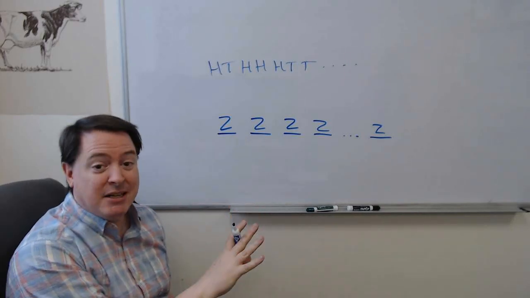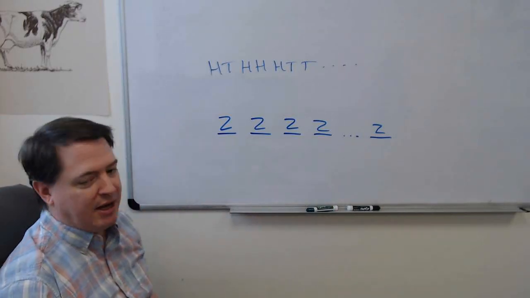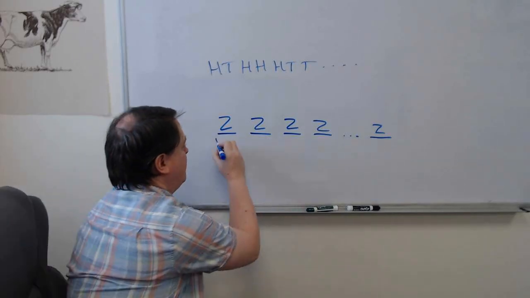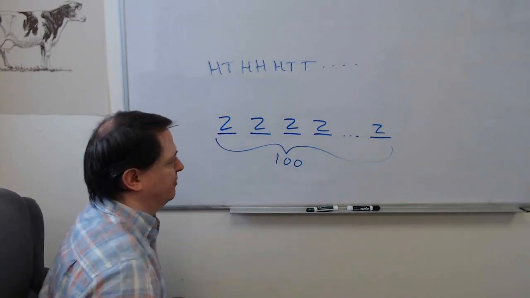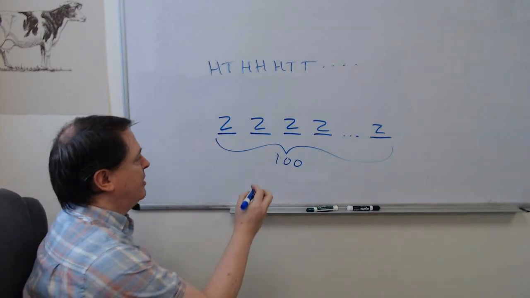This is going to lead us into something useful. If I'm doing the same experiment every single time, then this is going to be 2 every single time. And how many of these do I have? I have 100 of them, because I need to flip that coin 100 times.